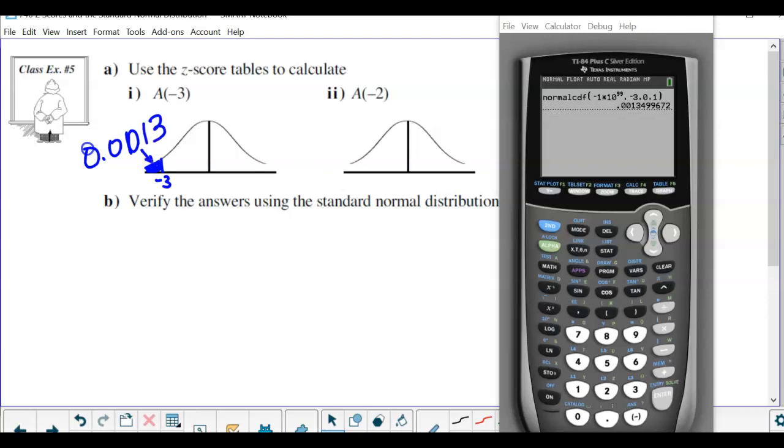So now do the same for the next one. It'll save most of it. So just change your upper boundary. Unless you have an older version of the calculator.